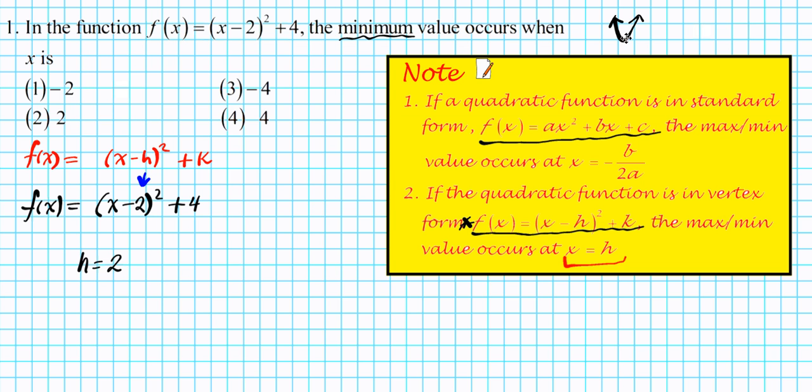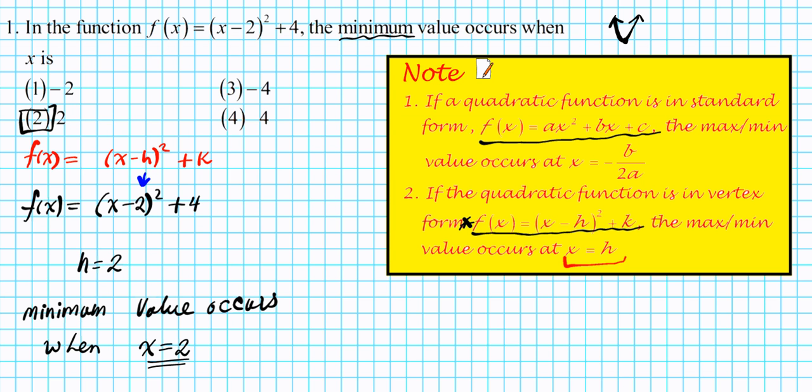So we're looking for the x value of the minimum. So since h is 2, what does that tell us? It simply tells us that the minimum value occurs when x is equal to 2. So your answer is option number 2.